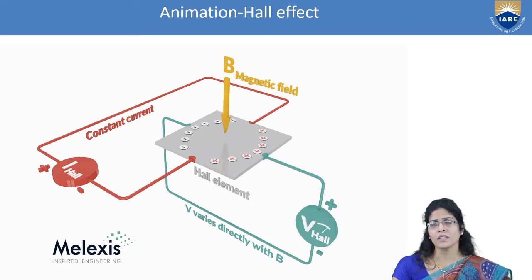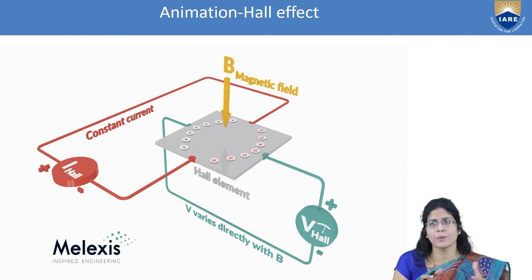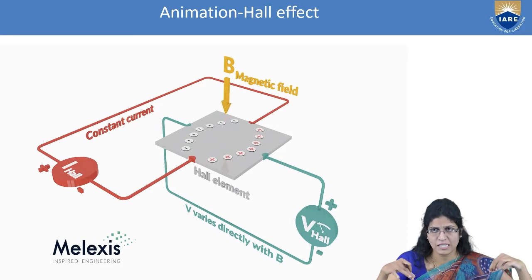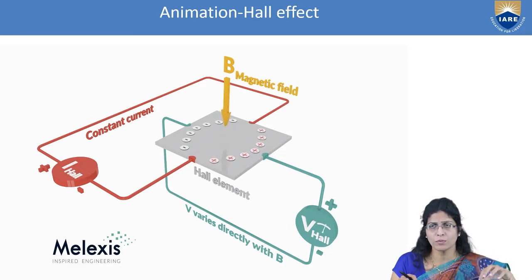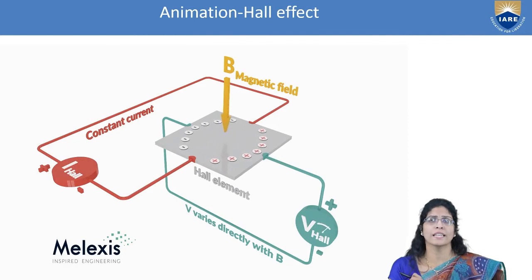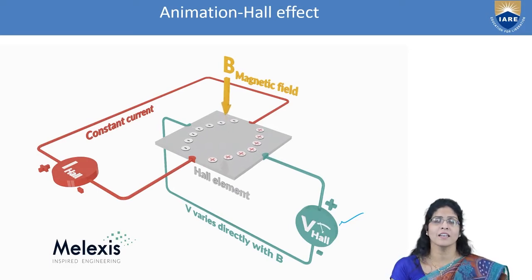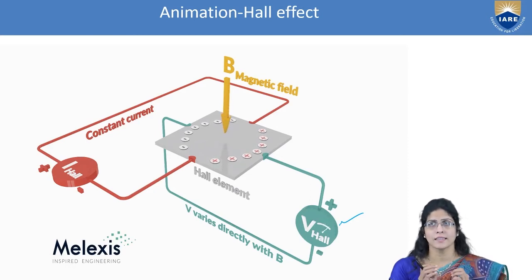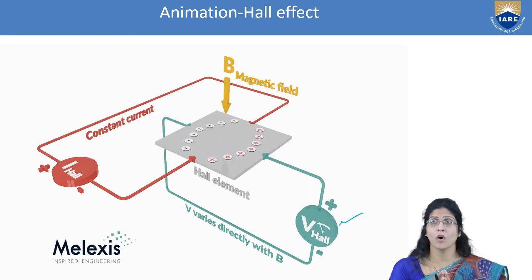When the charges are separated or distributed towards the sides, and you connect your voltmeter to the sides where the charges have been dispersed, you can see the deflection, right? That means the voltage is read. The voltage is being formed. So this is the essence of the Hall effect.